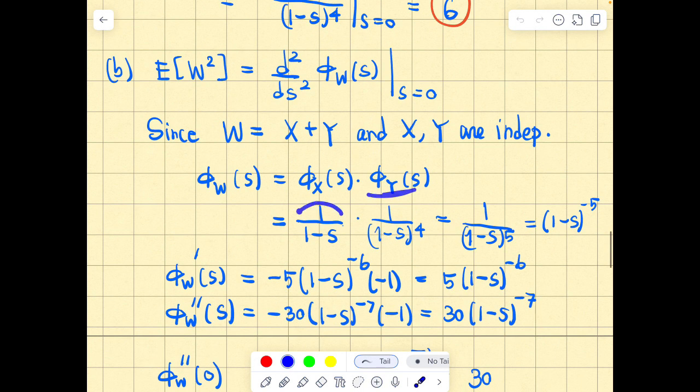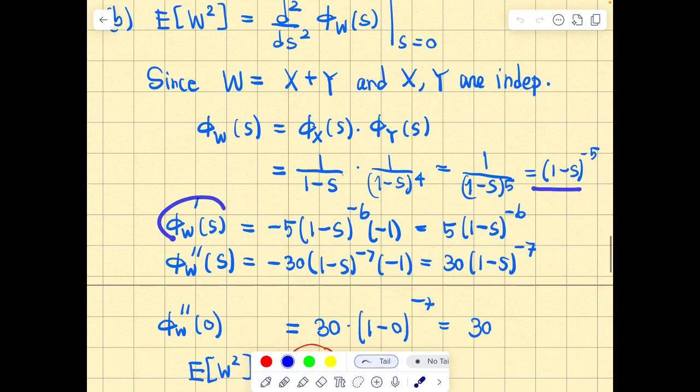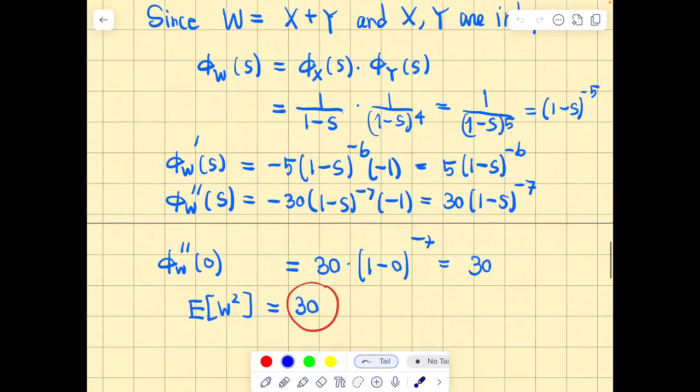This is given from the problem. We multiply, and we get 1 over (1 minus s) to the power of 5. Now, if we differentiate one time, we get 5 times (1 minus s) to the power negative 6. We differentiate one more time to get the second order derivative, and you get 30 times (1 minus s) to the power negative 7.